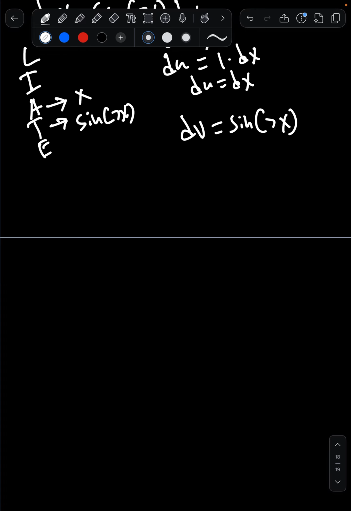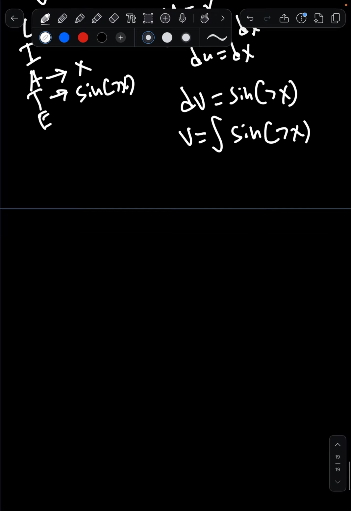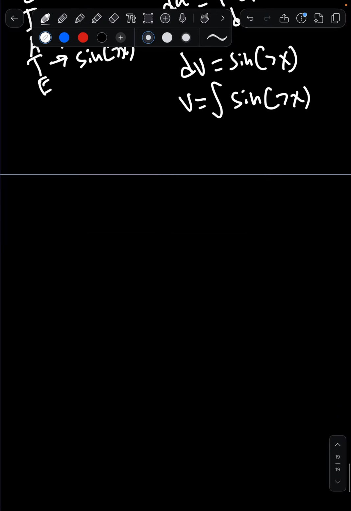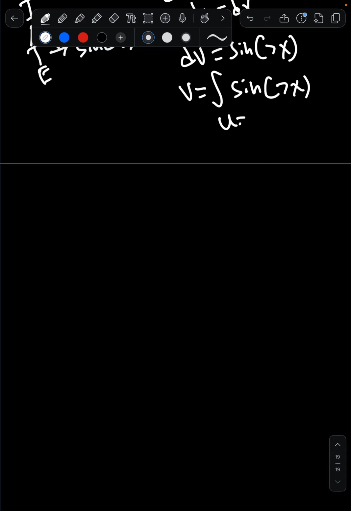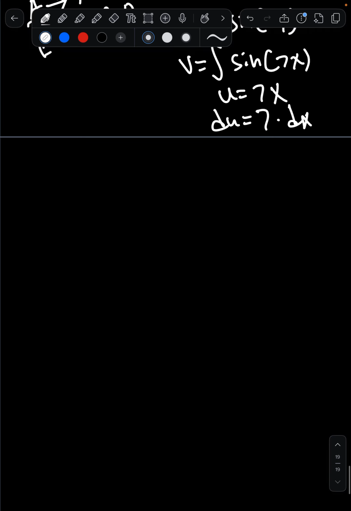We need to take the integral to find what v is. So we take the integral of sine of 7x. Now, this is where u substitution can be applied. If we let u equal 7x, the derivative is 7 times dx. If I divide both sides by 7, I get 1 over 7 du equals dx.